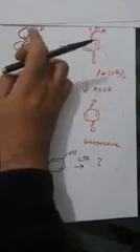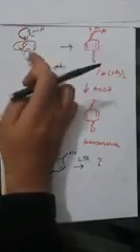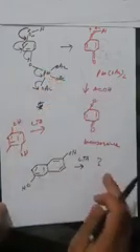The same way, I'm giving you the hint. First try to react one of the hydroxyl groups with lead tetraacetate, and then try to rearrange the bonds, delocalize these pi bonds, and you will find the answer.